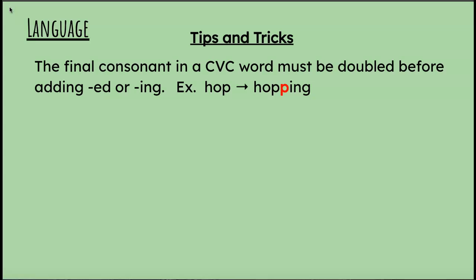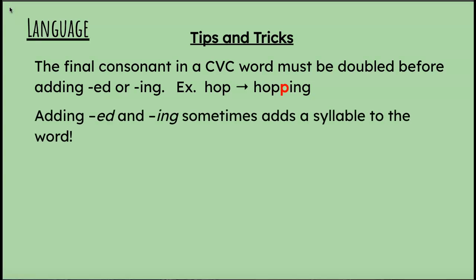The vowels are A, E, I, O, and U. So in a word that has a consonant and then a vowel and then a consonant, like the word hop, that consonant at the end has to be doubled, and then you can add ed or ing. Adding ed and ing sometimes adds a syllable to the word. So we had hop, now we have hopping.